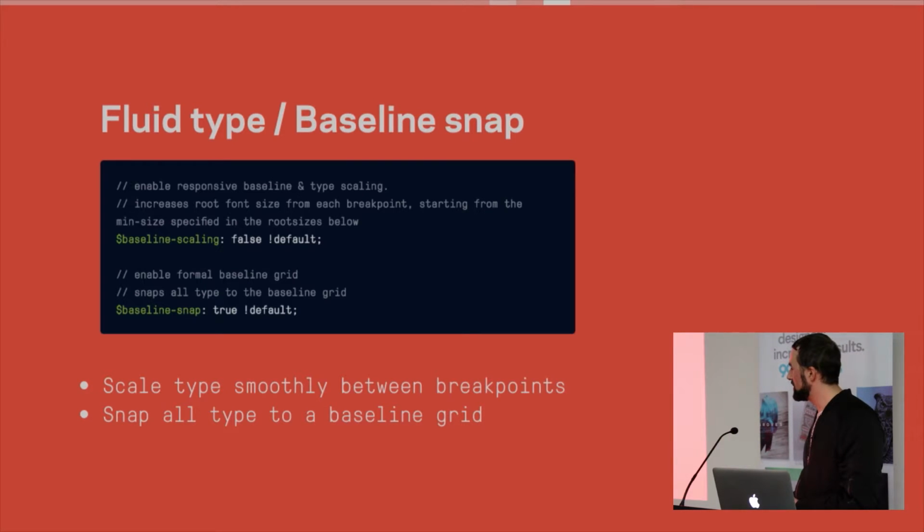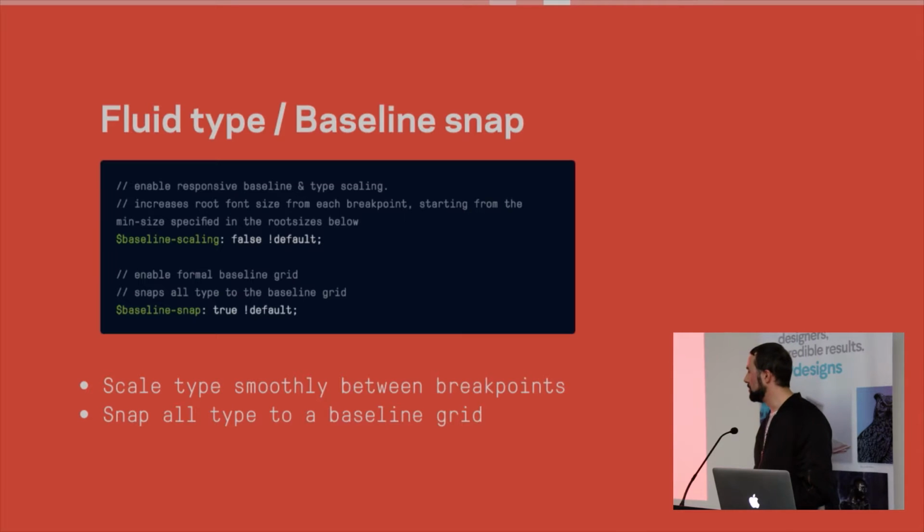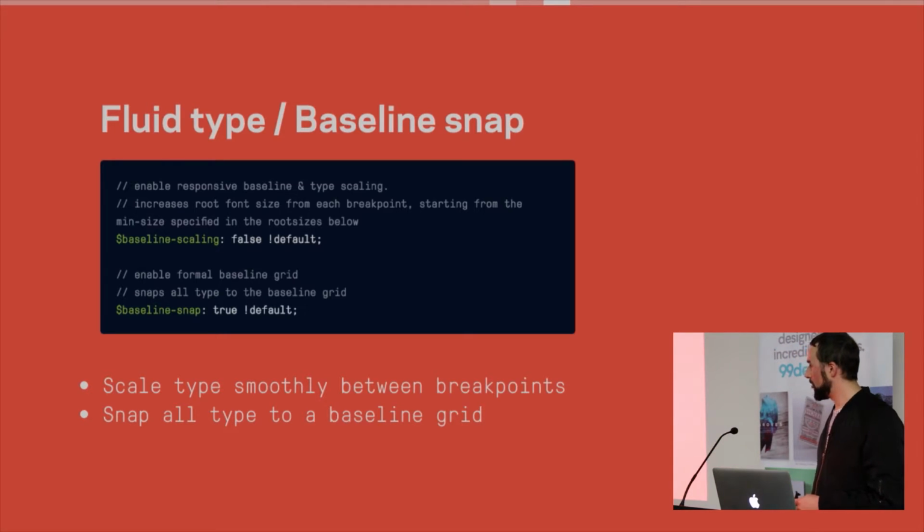This seemed like a pretty cool little feature that we could include here. This is an option, true or false. You can turn that on so your type scales smoothly, or you can just have it snap to a new size. And then the baseline snapping is whether you want to work in that bare-bones manner without your spooky box, or whether you want that to actually snap onto your baseline grid.